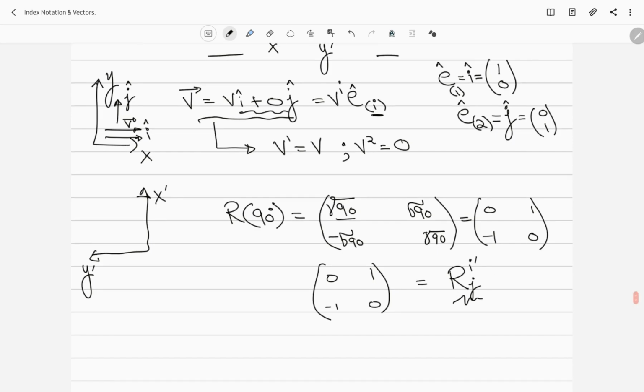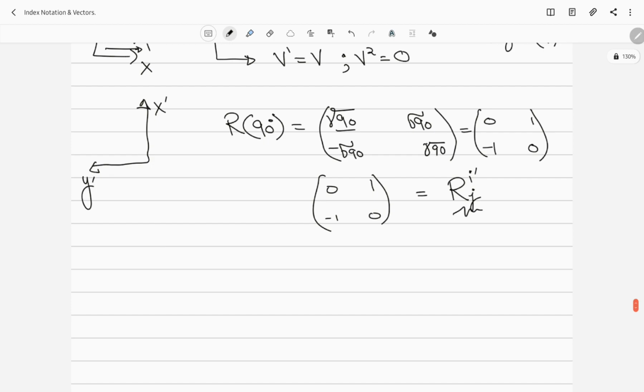But to describe your vector v in new coordinates, we will first rotate the components by this 90 degrees. So let's look at that. We would have v i transforms as v i prime, which is equal to R i prime j v j, right?